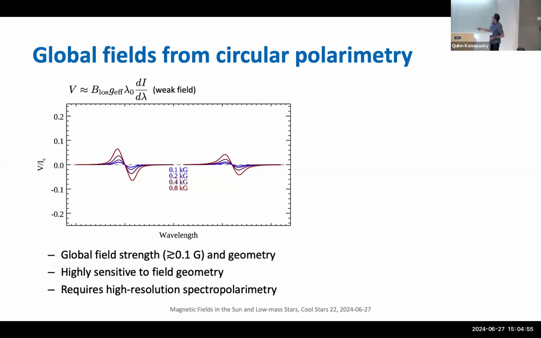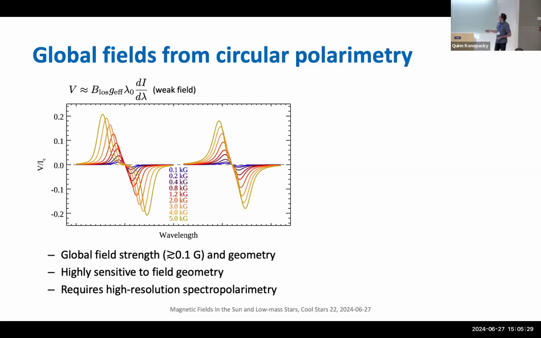So in the weak field limit, the local Stokes V signal is proportional to the line of sight component of the field and to the derivative of Stokes I. Because the line of sight component can be positive or negative, we have this cancellation problem that everyone is talking about. When we increase the magnetic field strength, eventually we go away from this proportionality to the derivative of Stokes I. So the structure of the line profiles becomes more complex.